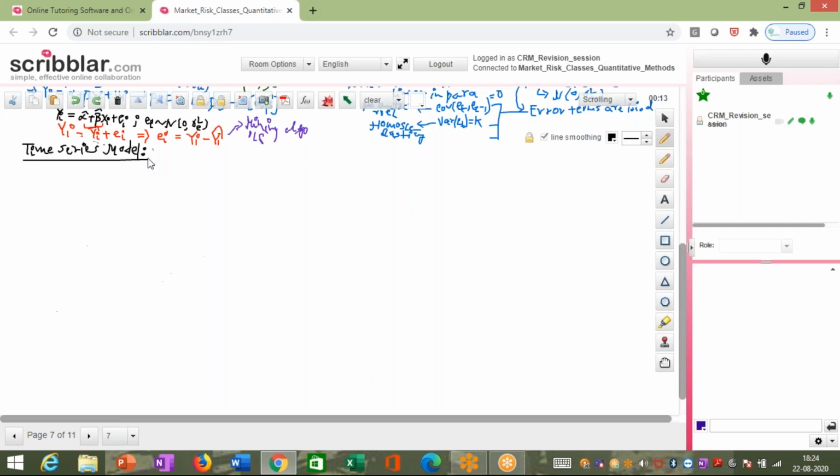If I'm trying to predict stock prices one month down the line, I need to understand what all factors would influence the price of the asset at that point of time t.